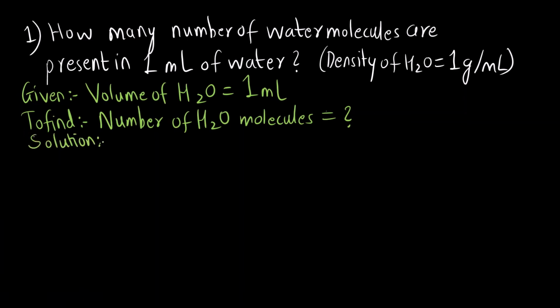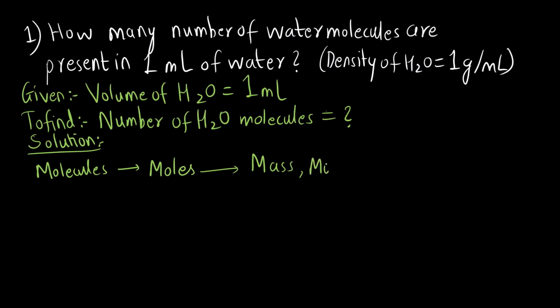Within the solution only we will write down the formula. To find out the number of molecules, we need moles. But are moles given? No. For finding out the moles of water, we need mass as well as molar mass.